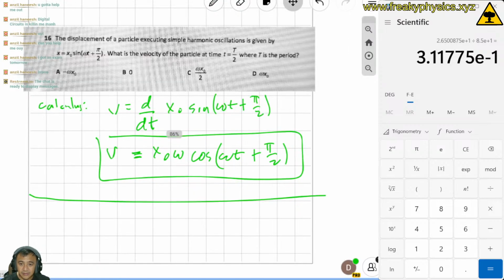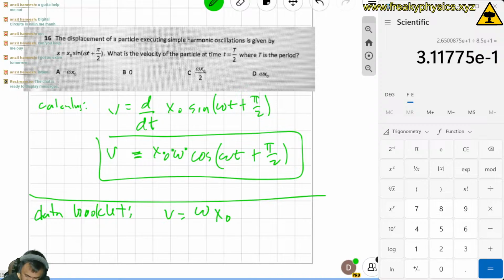Actually, it's still the same. So from the data booklet, we get basically the same formula: v is equal to omega x0 cosine of omega t plus phi, the phase angle, right?